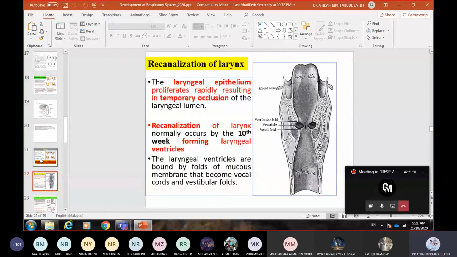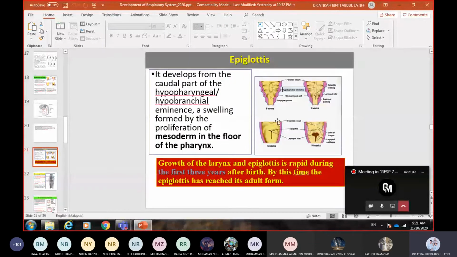This is what it means, because the epithelium growth is more rapid than the other parts. So at one point during 6 weeks, there is closure of the laryngeal outlet. But once the other structures also develop, at 10 weeks, the laryngeal inlet will open.